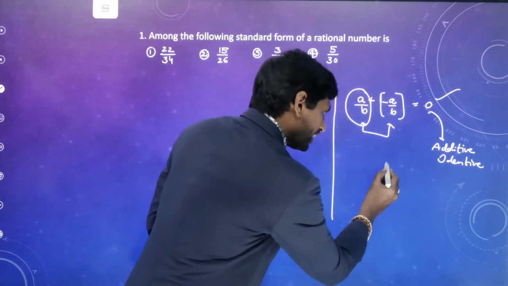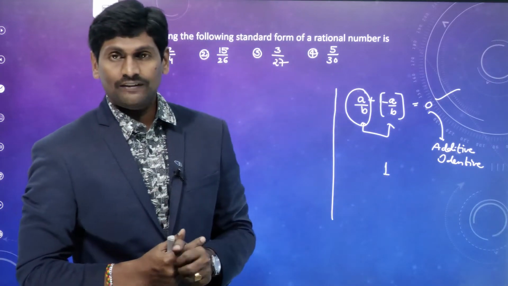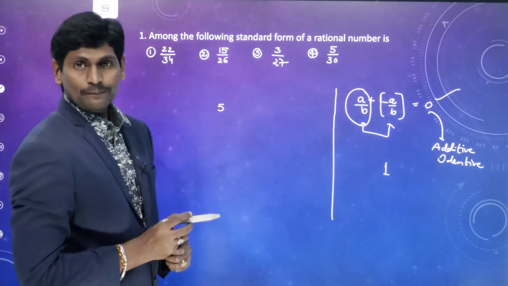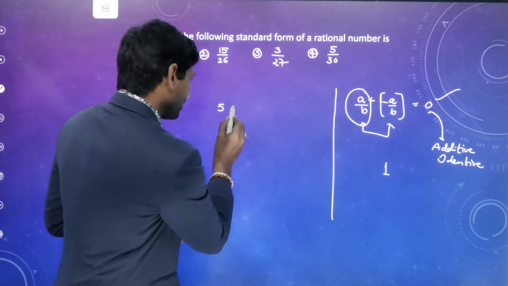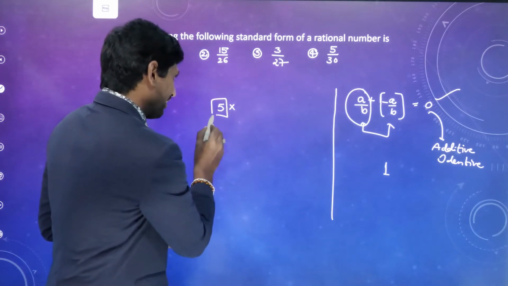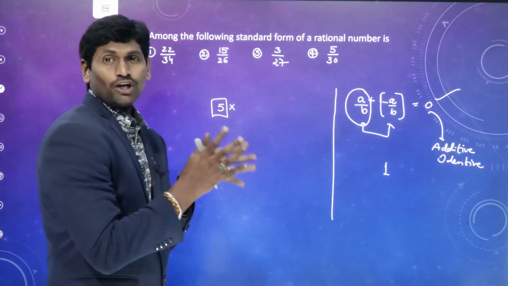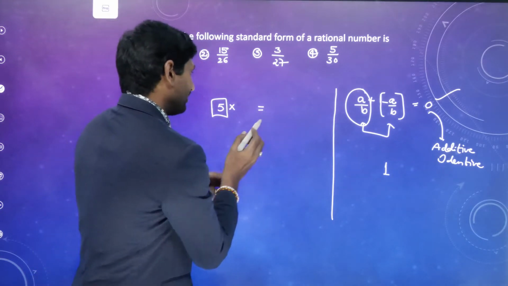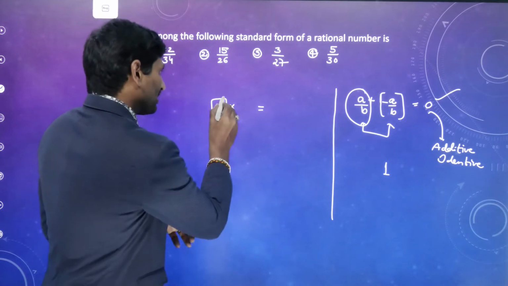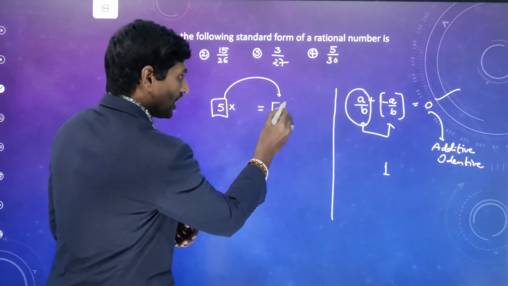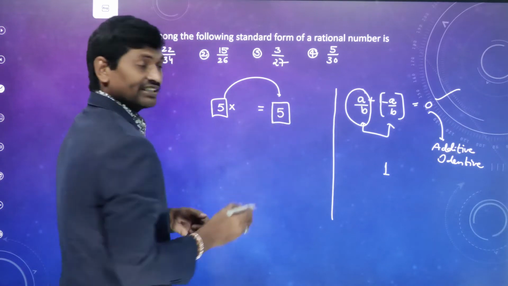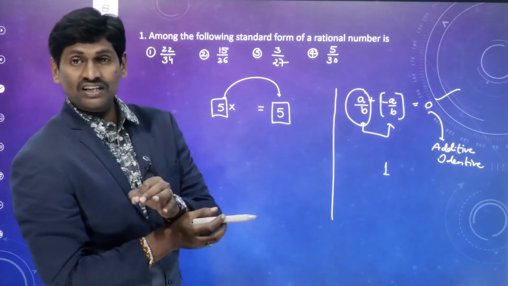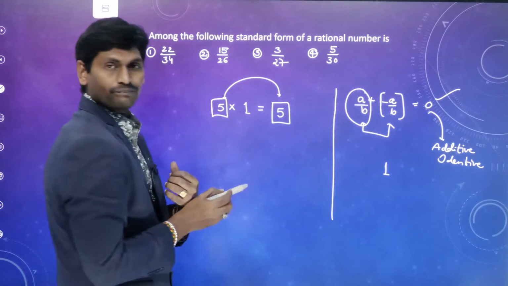In the same way, 1 is called the multiplicative identity. For example, I am taking 5 as a number. Let us think 5 is the identity of a person. If you multiply with some other number, the identity 5 should not change. It should come as it is. What is helping here? 1 is helping.